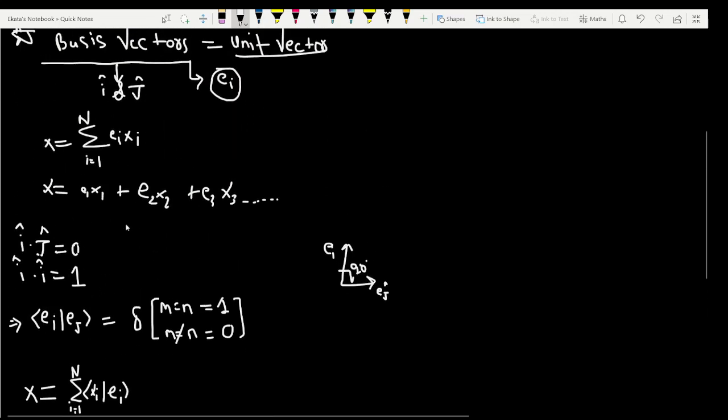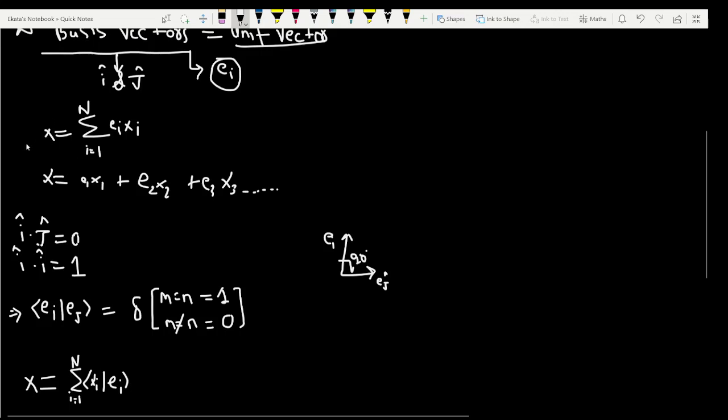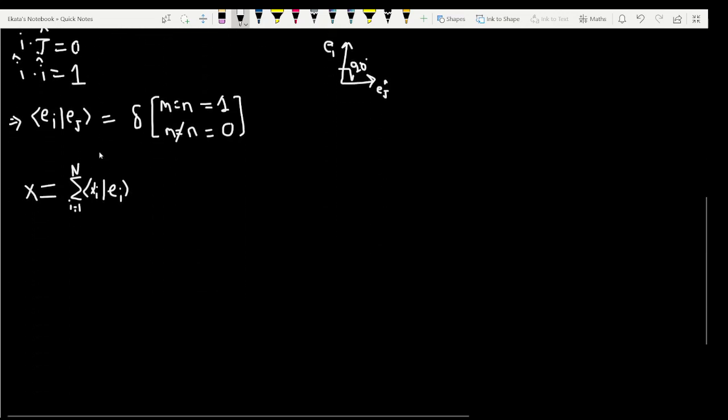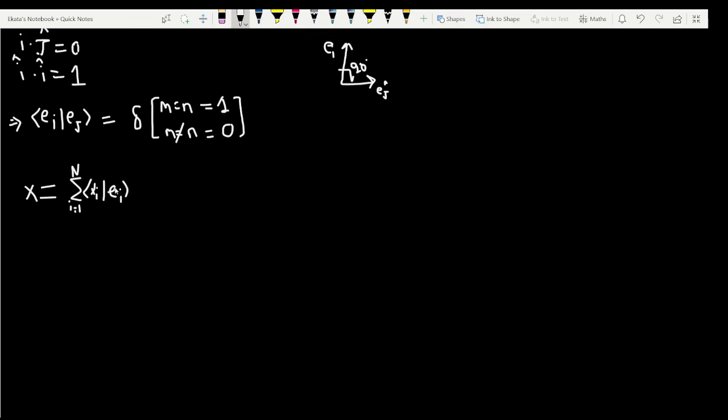This is just the advanced version of this, a more powerful tool that defines the dot product of the two vectors. And exactly how you can describe the component x_i: x_i equals the dot product of e_i with the x vector.